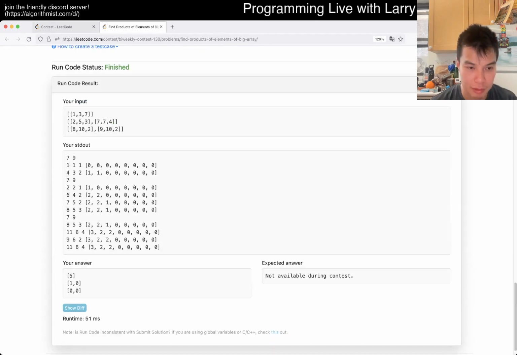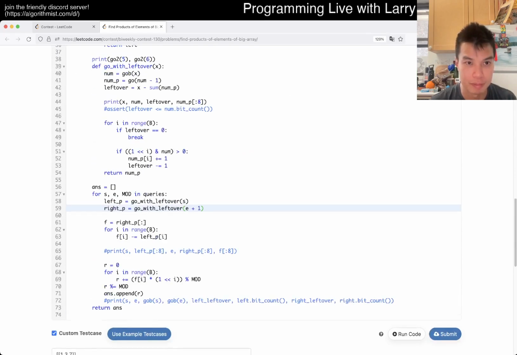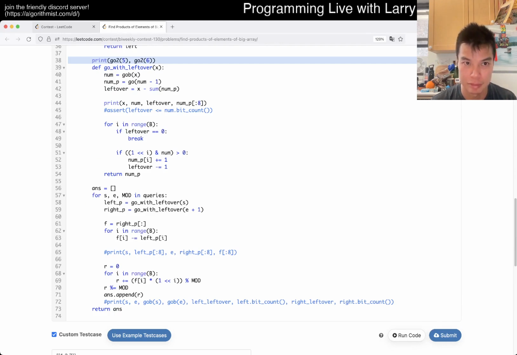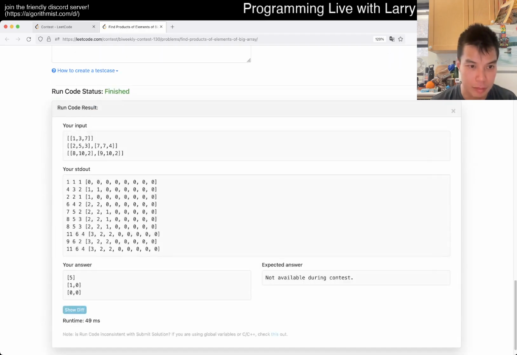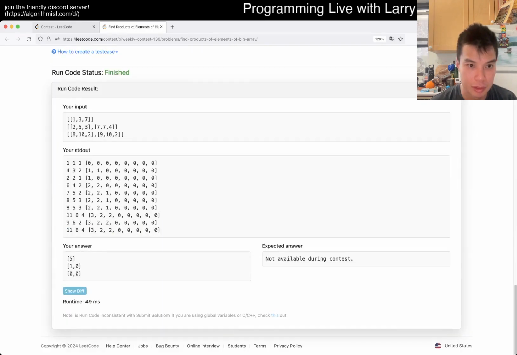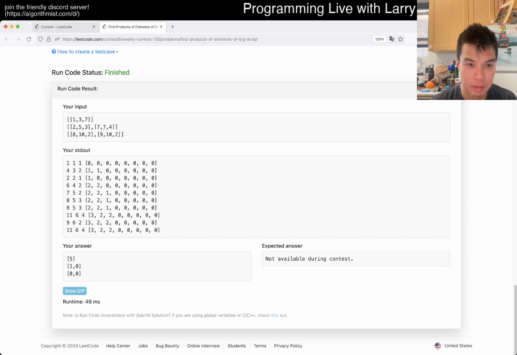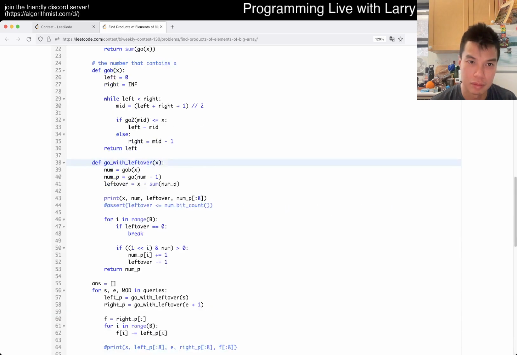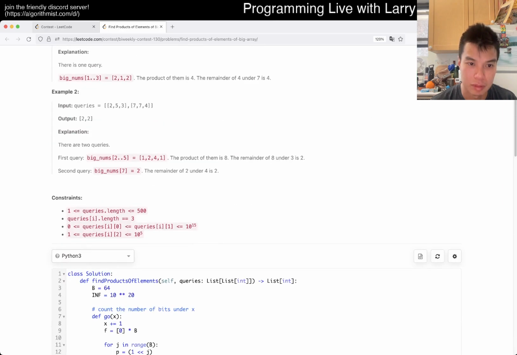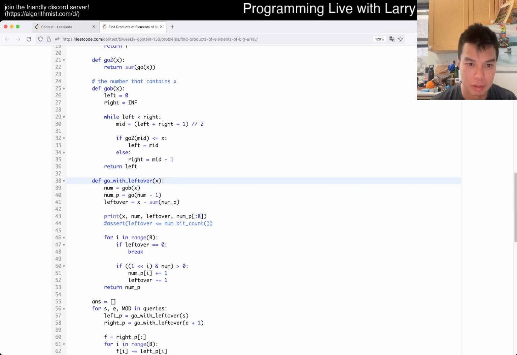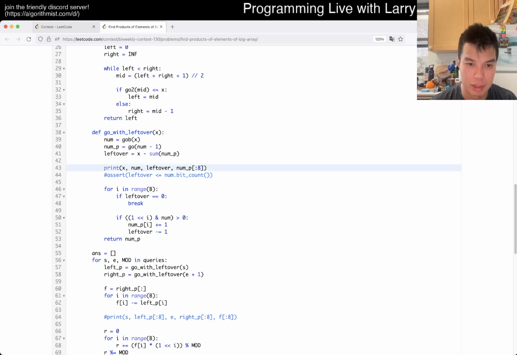So now 7 6, but then now this is all wrong. So I don't know. All right, why is this wrong? Okay, so 1. Oh, this is wrong. Oh, we didn't do the leftovers yet.